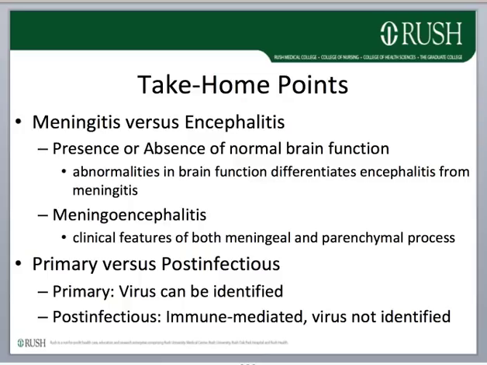We have to distinguish in viral encephalitis between primary and post-infectious encephalitis. I've only talked about primary encephalitis in this presentation, in which the virus can be identified or inferred. Post-infectious encephalitis is thought to be immune-mediated and a virus is not identified.